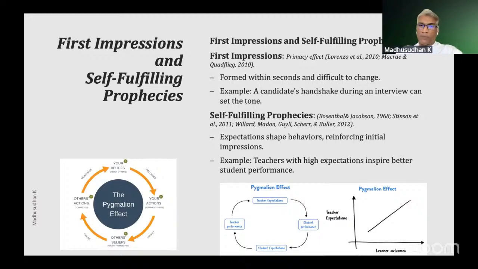Self-fulfilling prophecies: there are so many psychologists and sociologists who have explained this. It is there in your textbook. Go through that. Expectations shape behavior. Reinforcement of initial impression.